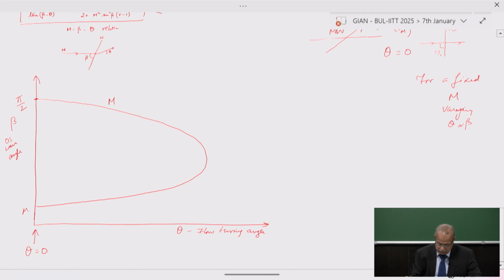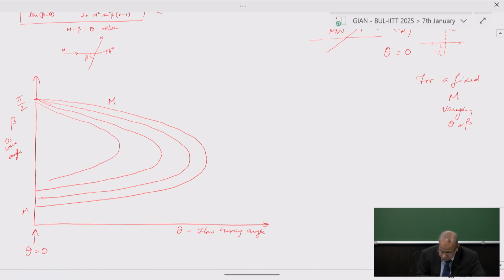Now if I vary the M, if I reduce the value of M, then my graph will be something like this. If I reduce the Mach number further, the shape will be preserved. Reduce the Mach number further, and I'll get something like that.